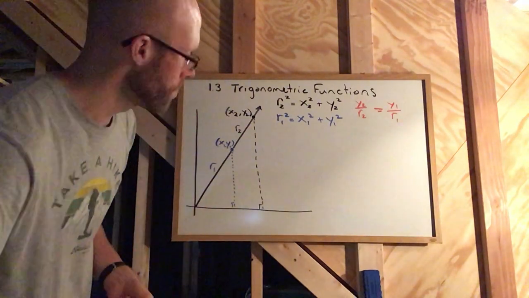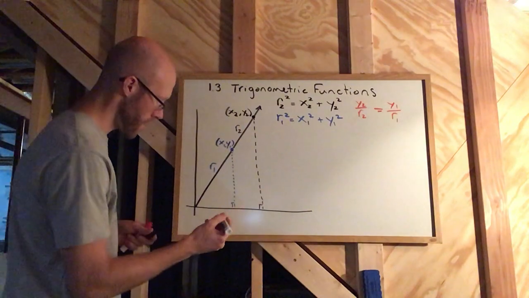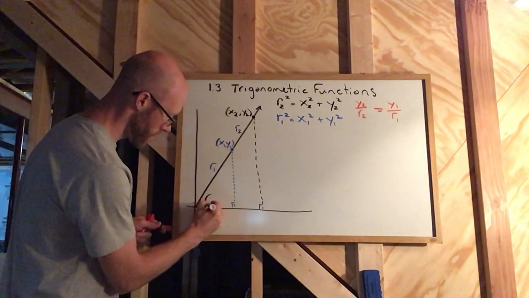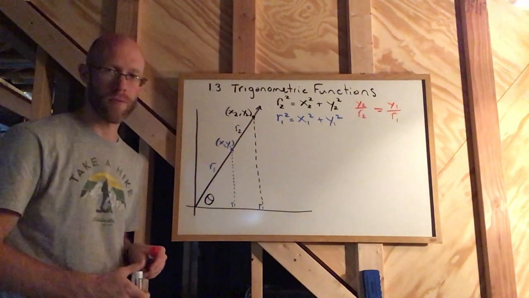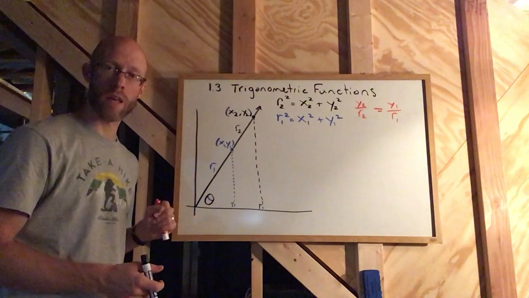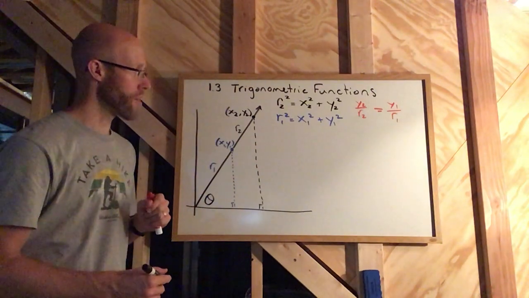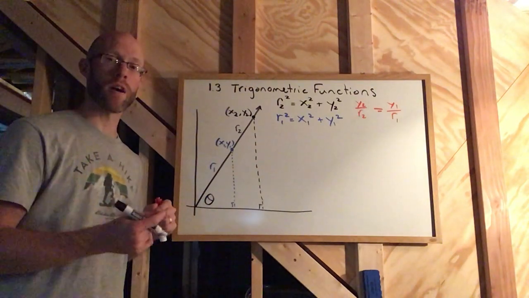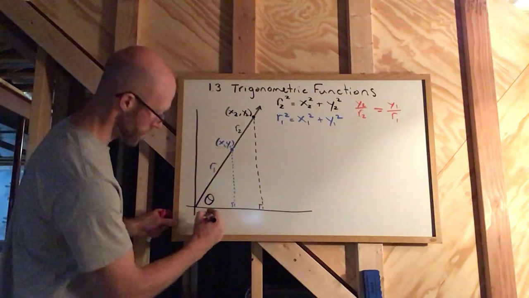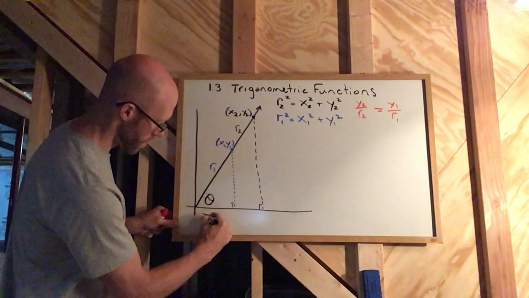Now the angle, I am going to put in here as the angle theta, okay? Now theta looks like a circle with a bit of a slash or curl through it. Theta is a Greek letter that we often use to represent angles.